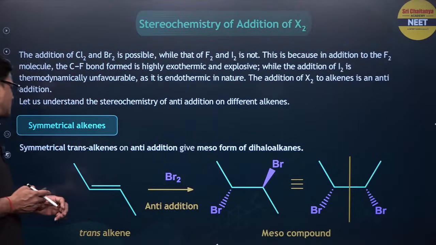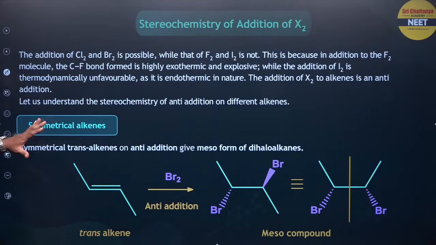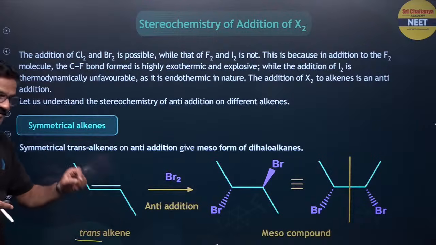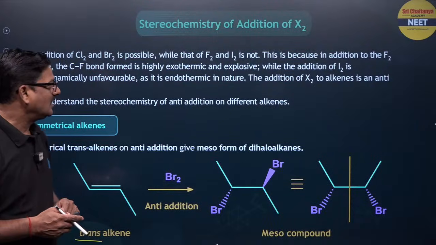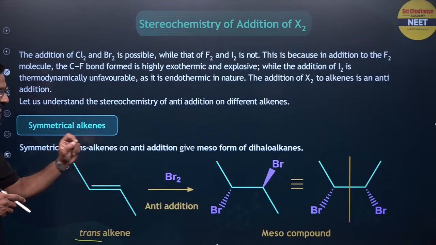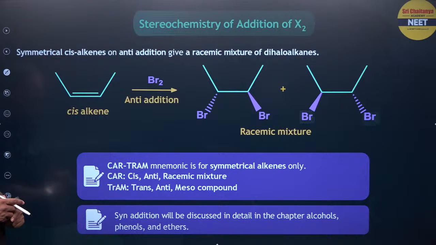If it is a symmetrical alkene, you are going to get a meso product. A trans alkene gives a meso product, and a cis alkene gives a racemic mixture.